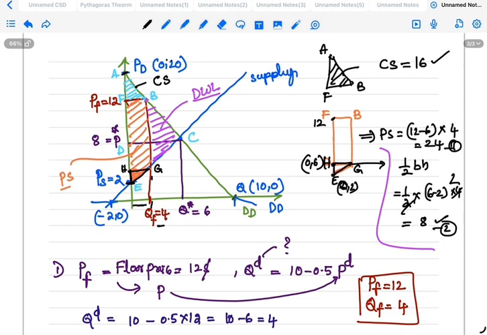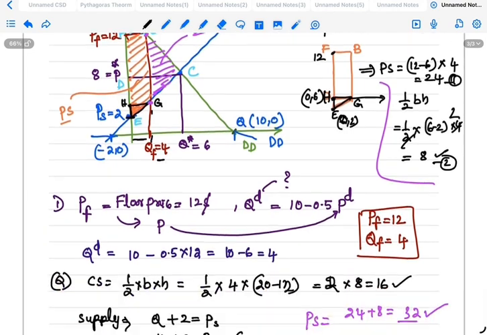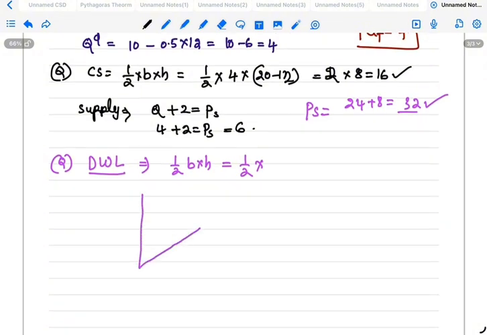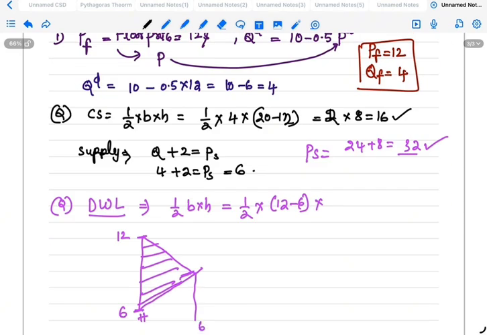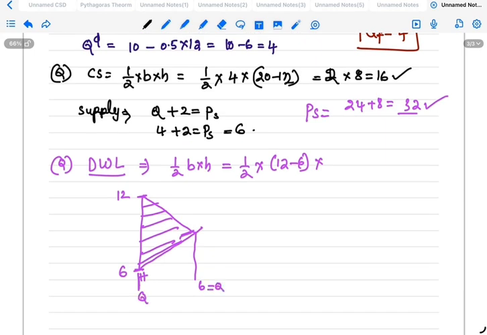This value is 12 and this value is H, 6, so the base is 12 minus 6, and the height is 6 minus 4, that equals 2, since Q equals 6 and Q equals 4. So the deadweight loss equals 6.